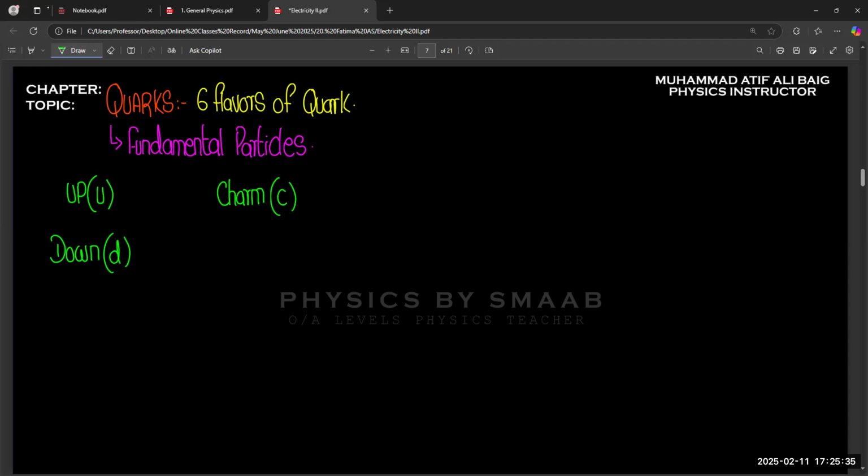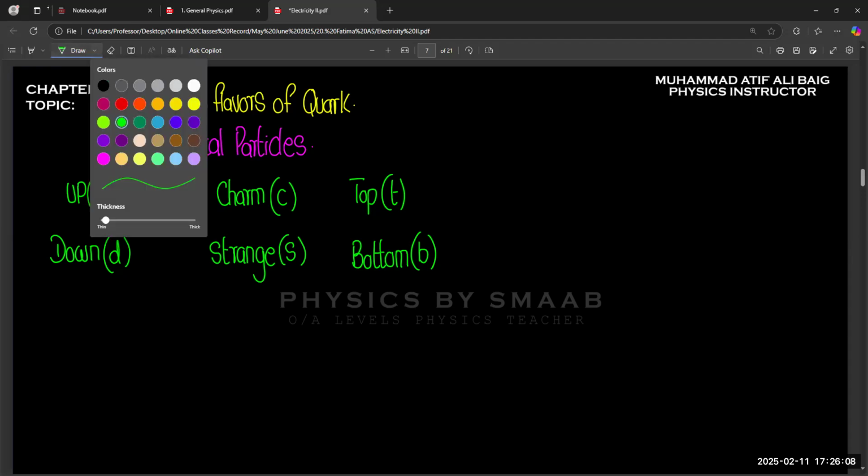Then we have strange. Top and bottom. So basically, these are the fundamental particles in the quark category.